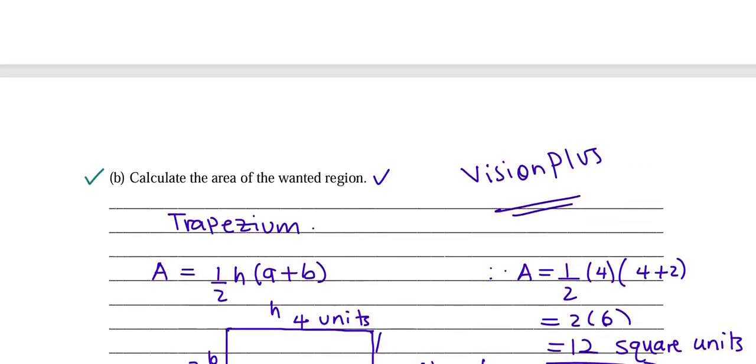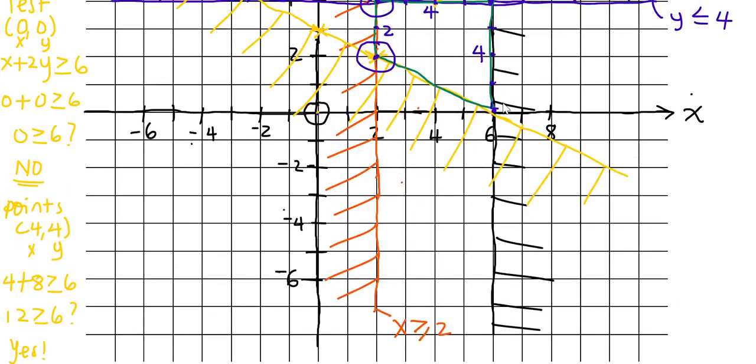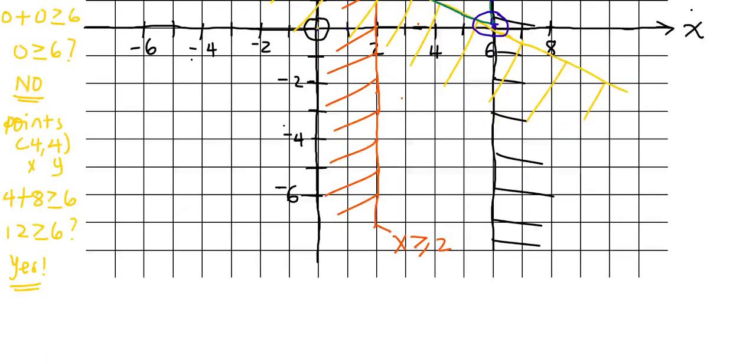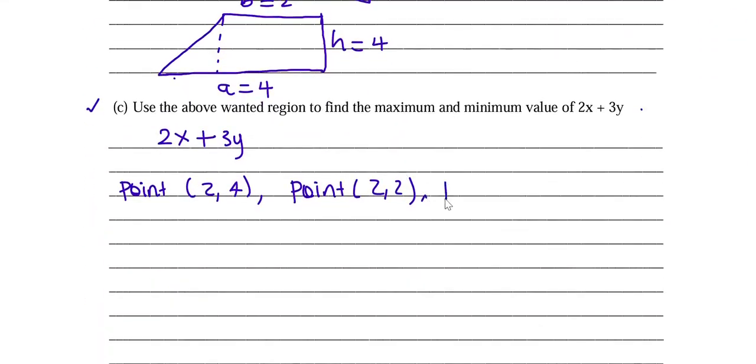And then again, the third point is in the next corner here. And this corner here, what does it contain? It contains 6 and 0 because it is on the x-axis. So we have here a point of 6 and 0. So you just come and list another point here.